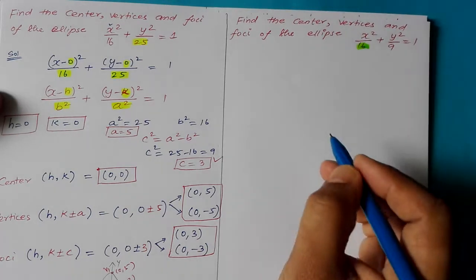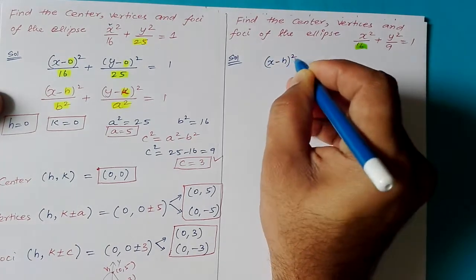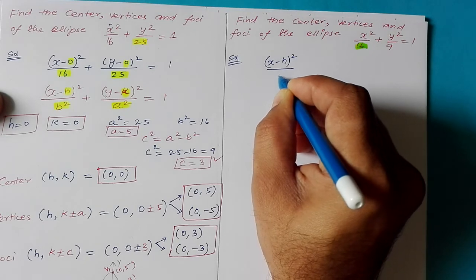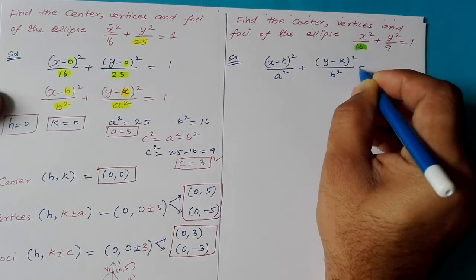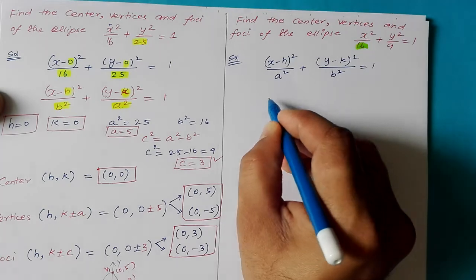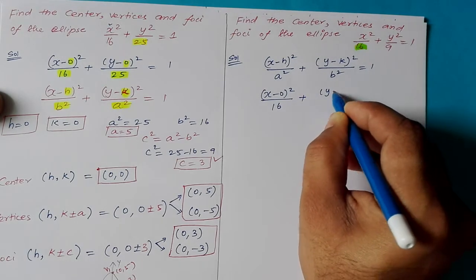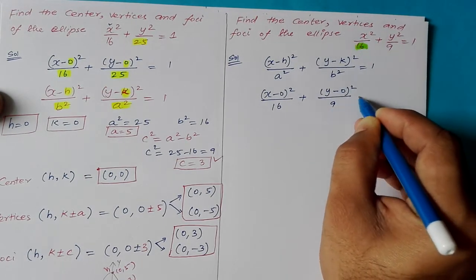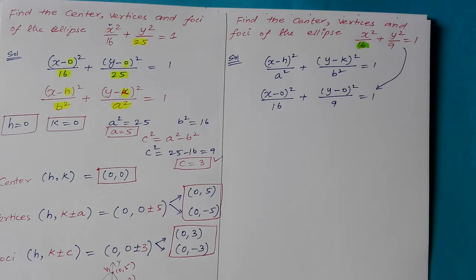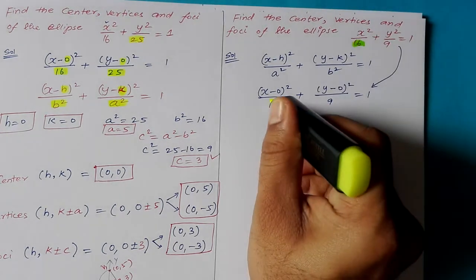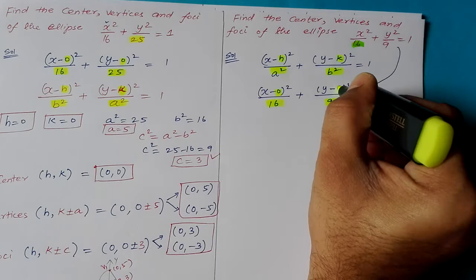I have to compare with the standard type: x minus h whole square over a square plus y minus k whole square over b square is equal to 1. Reducing it, x minus 0 whole square over 16 plus y minus 0 whole square over 9 is equal to 1. So a square is 16, b square is 9, h is 0, k is 0.